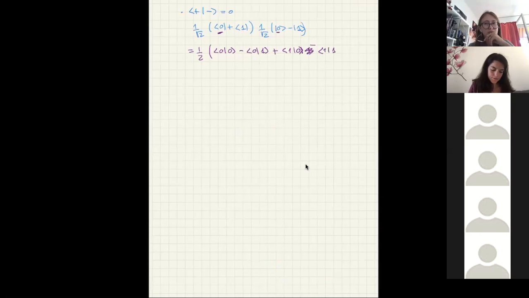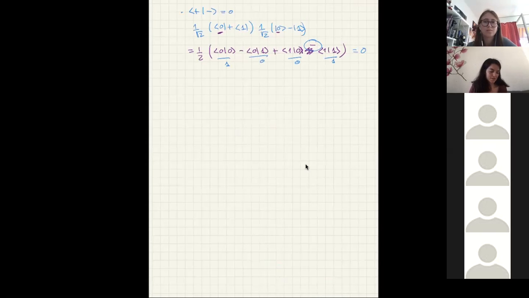There you go. Now that's 0, that's 0, that's 1, this is 1, but because of the sign, they cancel each other, so the whole thing gives 0. Okay, so we have a basis.